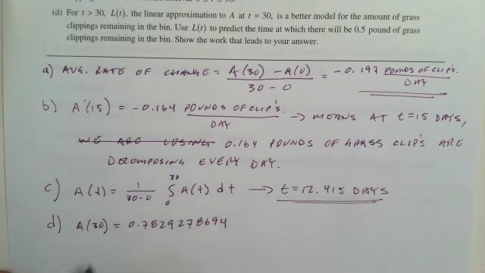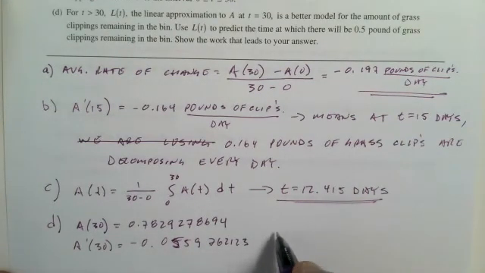So A prime of 30, again, just using my calculator, is negative. It's still losing pounds of grass clippings. 0.0559 762123. Sorry for the mess. Now I'm going to abbreviate these numbers just in terms of simplicity, but when I put this in, I would keep it like that.